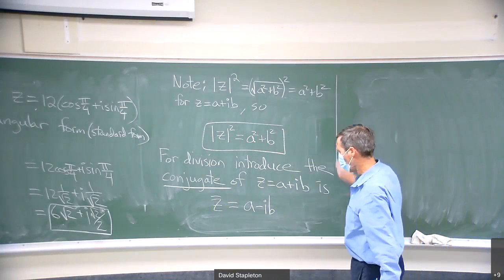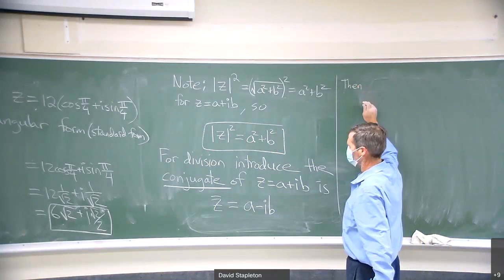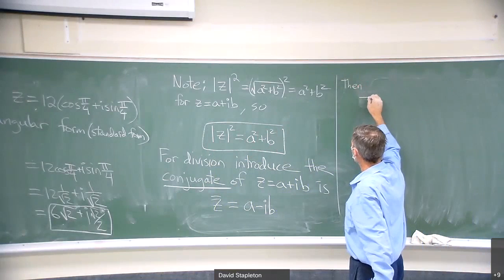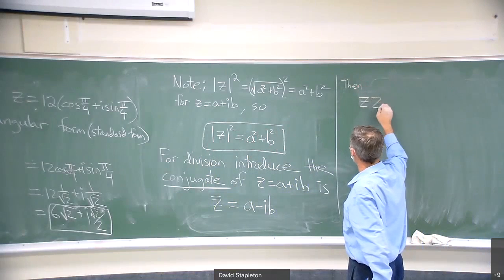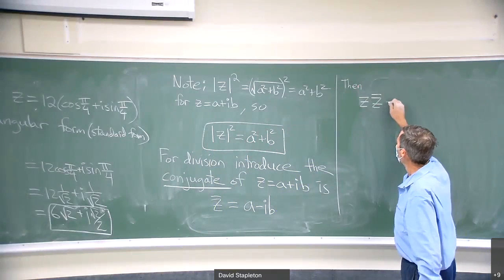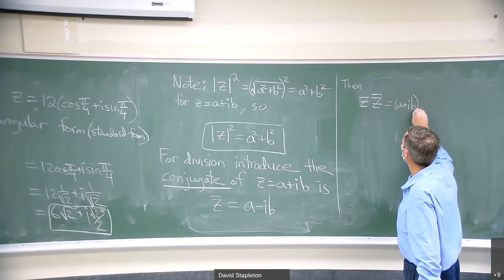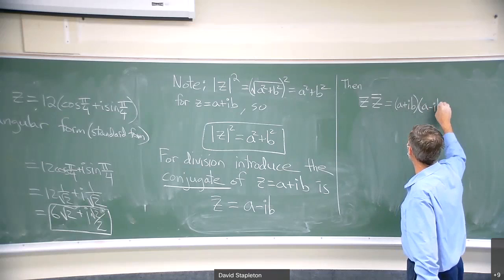And with that conjugate, you notice a very interesting thing, that if you take any number z and multiply it by its conjugate, what do you get? You get a plus ib times a minus ib.